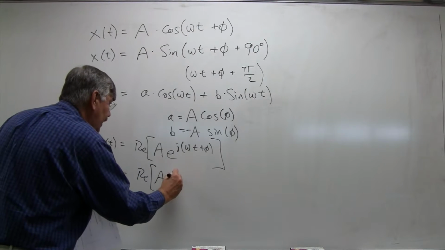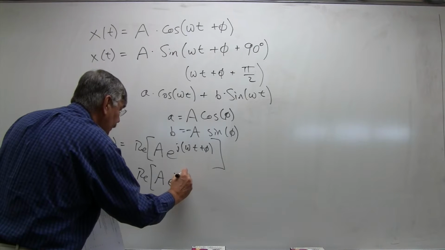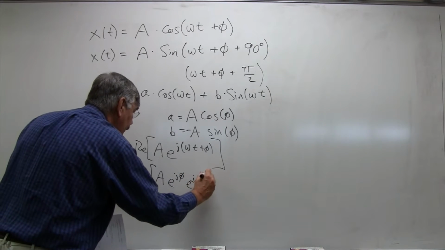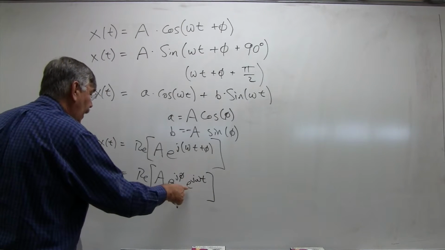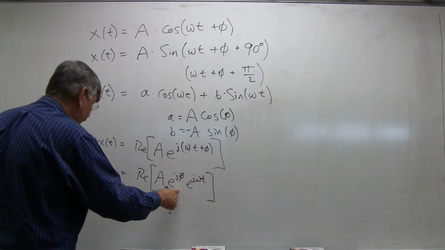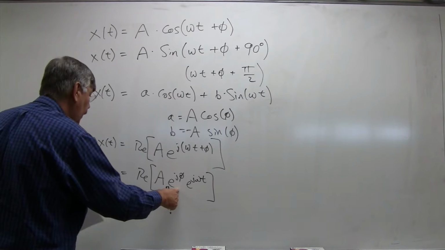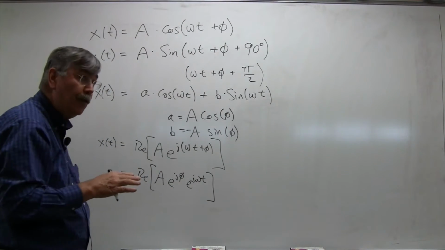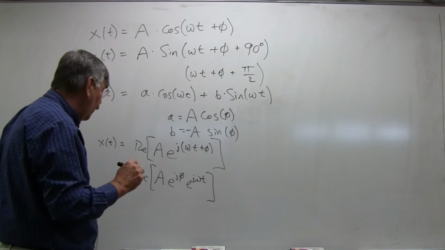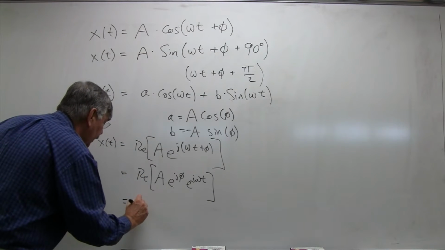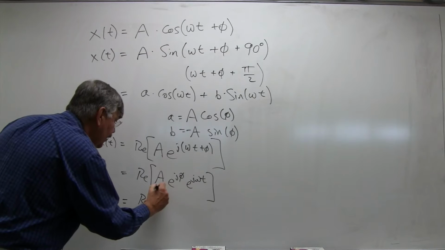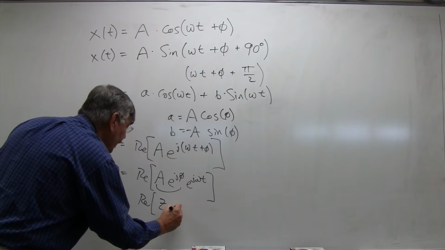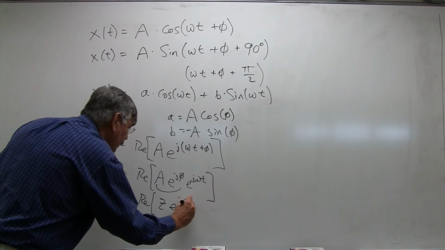So we can have e to the j phi times e to the j omega t. All right, so this part is not time varying. And it's just the phase shift. So this is another way of doing it. And finally, the way that we're going to do it that is really the most flexible, and it really benefits what we're doing here, is we're going to group these things together and make this just some complex number z times e to the j omega t.